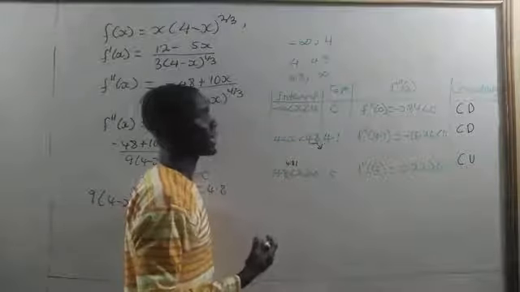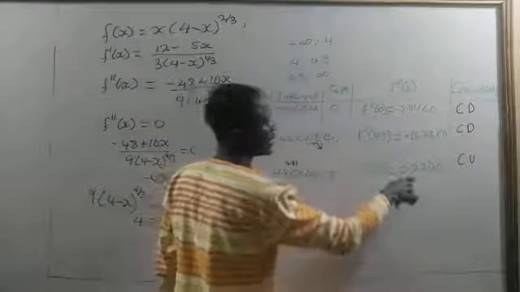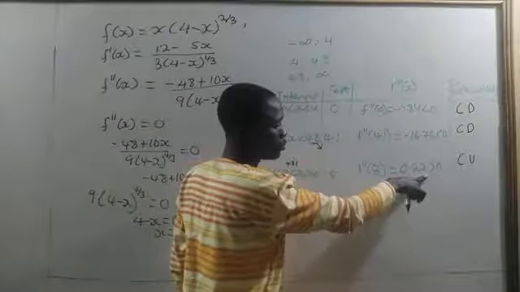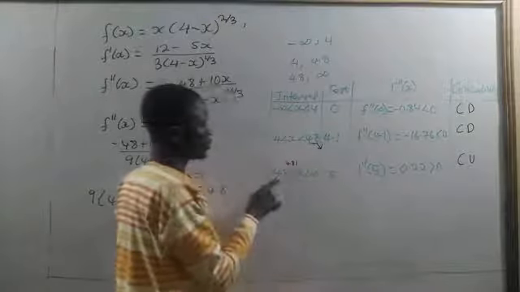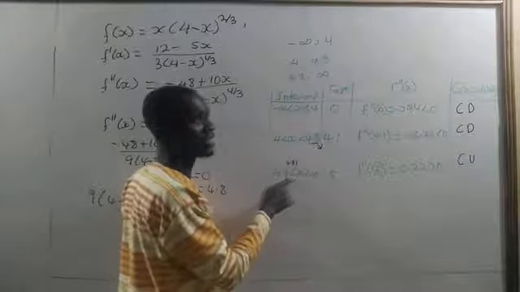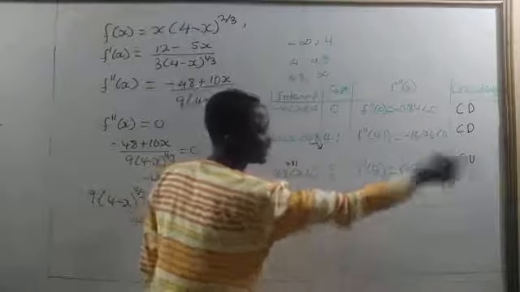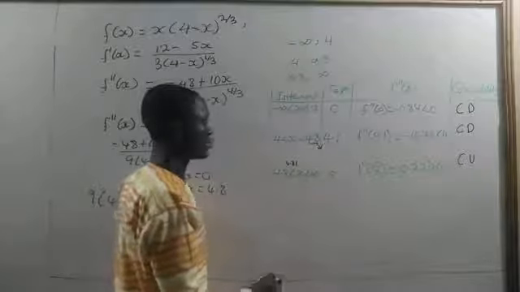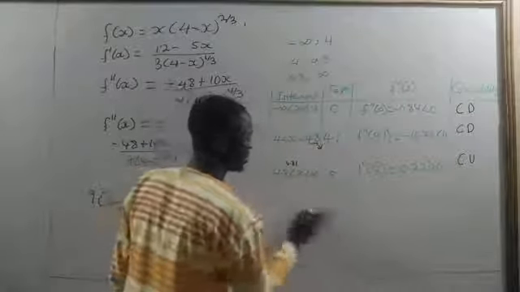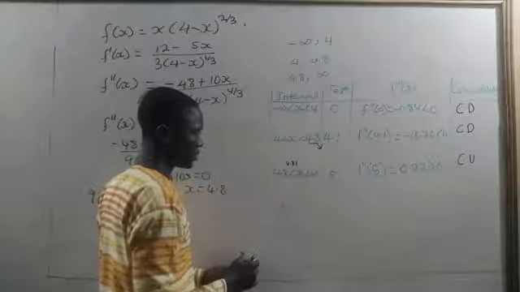What do I mean by the second derivative changing sign? Here, the second derivative is now greater than 0. You can put in 4.81 or 4.80001 and see. You see that the answer that you get will be greater than 0. So we say that 4.8 is the point of inflection. So 4.8 is a point of inflection.